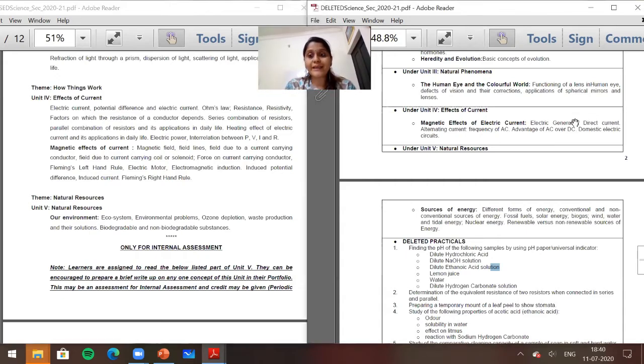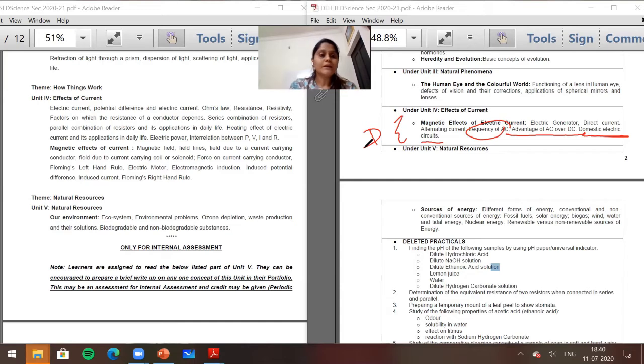Direct current and alternating AC current, many students used to get confused between what is DC current and what is AC current. It's deleted, but the concept is very important as far as 11th and 12th is concerned. AC graph, advantage of AC over DC, your domestic electrical circuits, that is 3 types of wires, live wire, neutral wire, earth wire, not there. This entire thing is deleted.